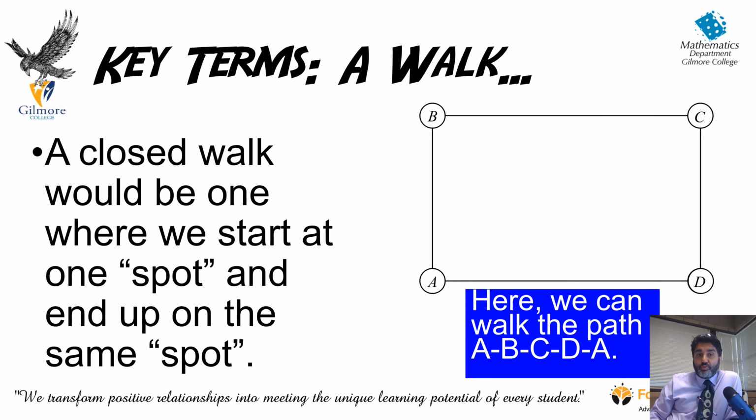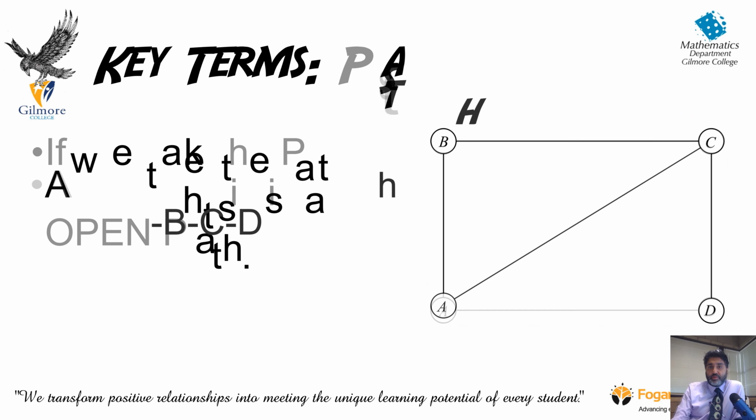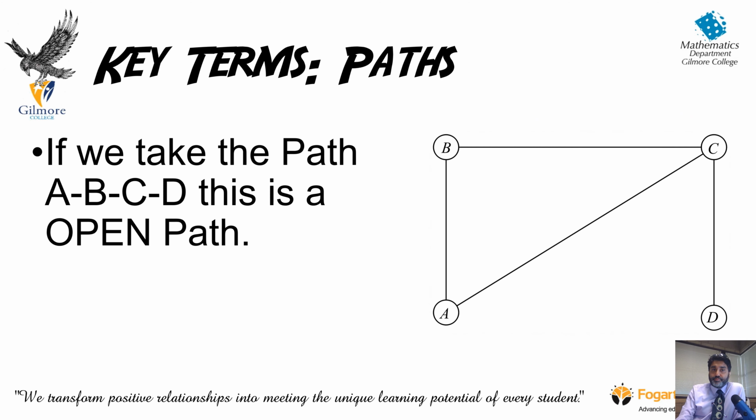A closed walk would be one where we start at one spot and end up on the same spot. So if I go A, B, C, D, and then back to A, that's called a closed walk. Now here's a path.